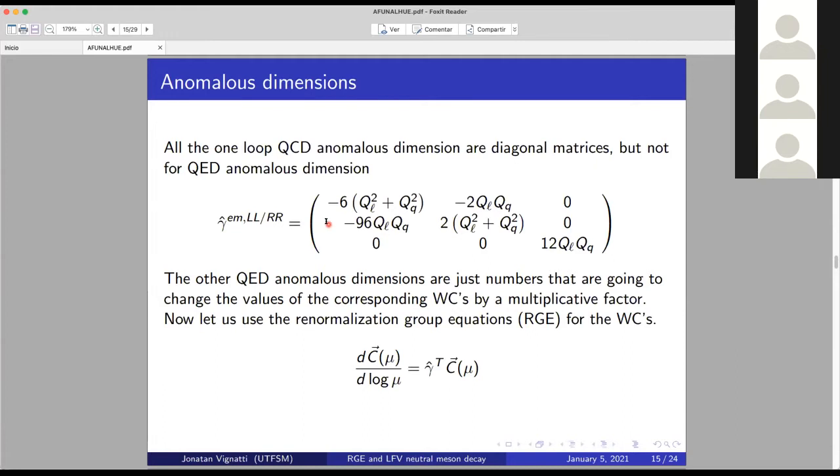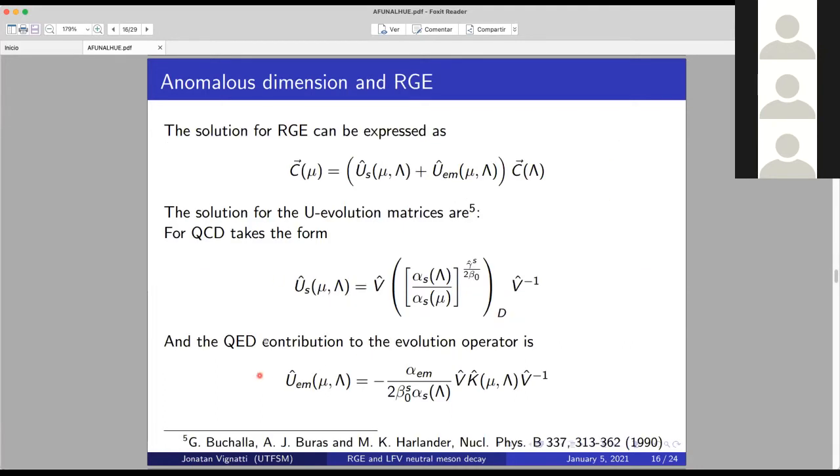I show you how to set limits on the first Wilson coefficients. So we use the classical renormalization group equation for the Wilson coefficient that is here. And next, we show that this equation can be solved in this way, with a component from QCD and QED.